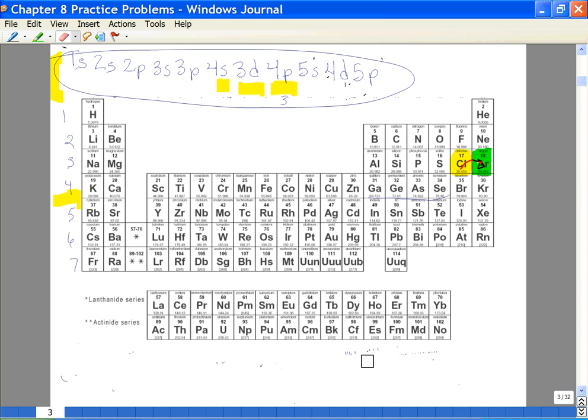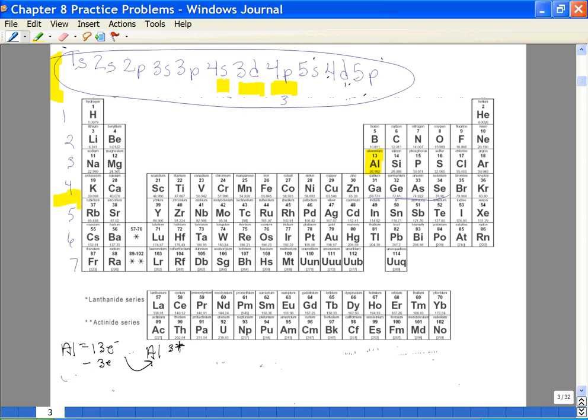Okay, aluminum, the neutral atom, is right here on the periodic table. It has 13 electrons. In order to form the aluminum 3 plus ion, we know that we've got to remove 3 units of negative charge to get the positive unit. So that means we've got to remove 3 electrons. So we're going to end up with 10 electrons in the aluminum 3 plus cation.